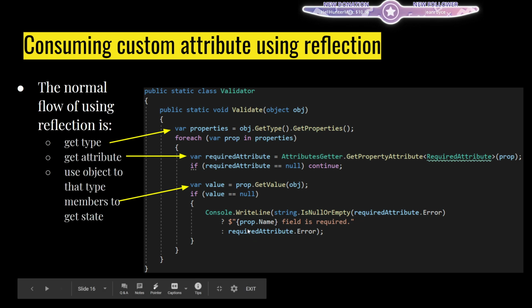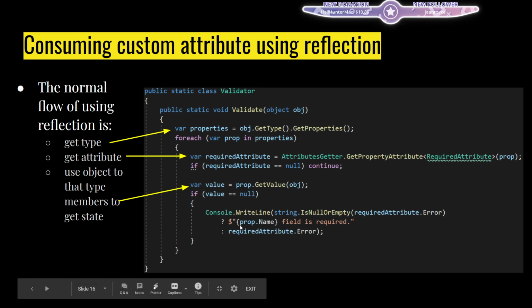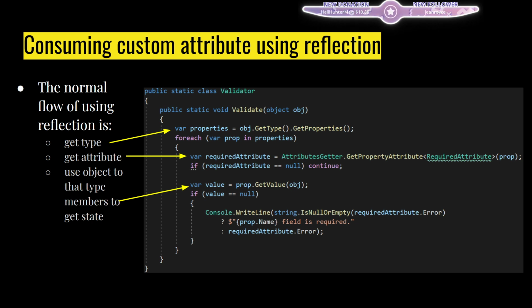And our attribute, by default, has a null error message, an empty string error message. And so if we didn't provide any error message, it will say by default that this field was required. That's all it will say.